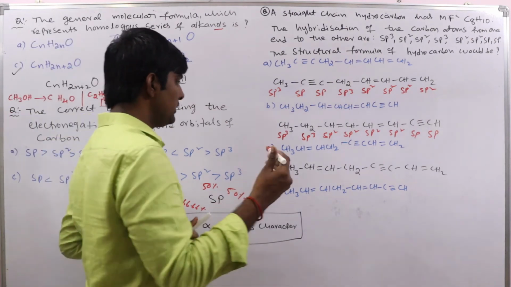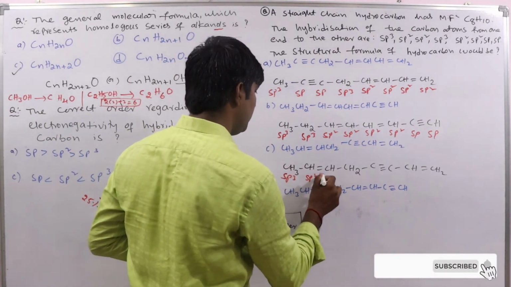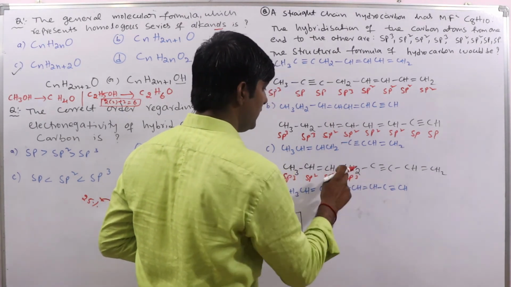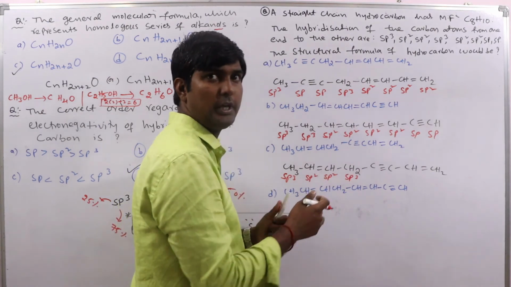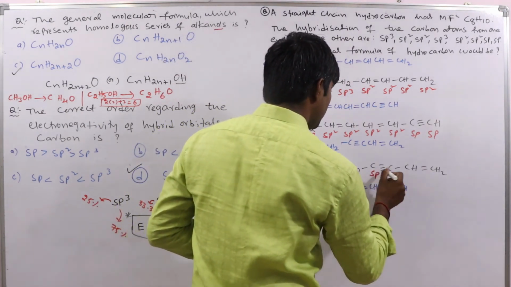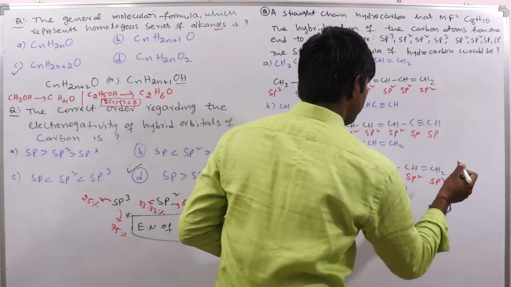This carbon is sp3, this sp2, this also sp2, here again sp3 with 4 sigma bonds. Here sp, here also sp, sp2 and sp2.